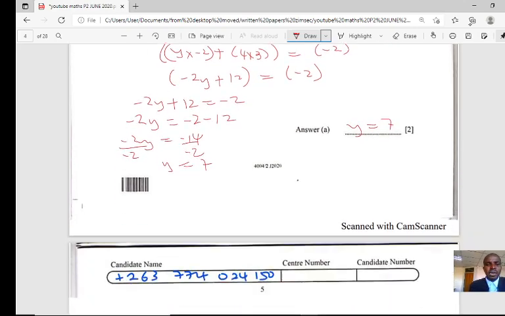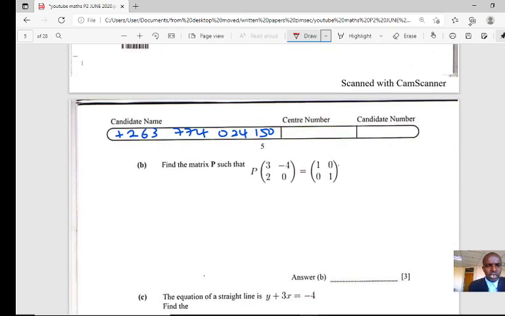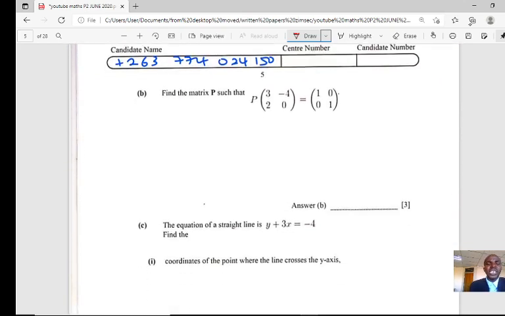Done. Right, next, part B. It reads, find the matrix P such that the matrix times this one is equal to the identity matrix. Please take note, this one is called the identity matrix, usually represented by capital letter I. What do you know about this one?